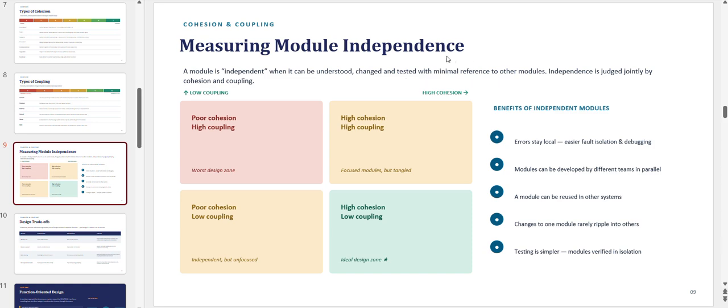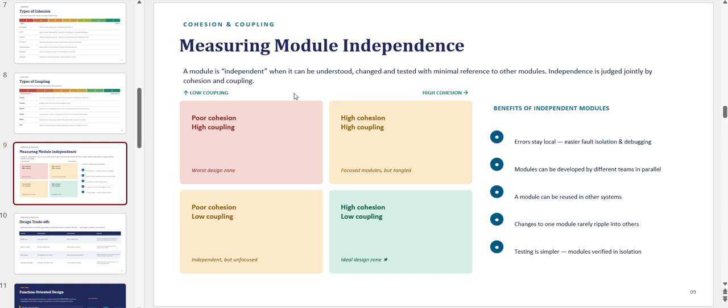When we give minimal reference to other modules, it will be independent. Independence will be judged generally by the type of cohesion and coupling.